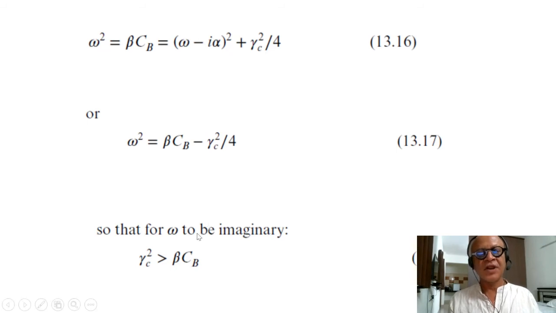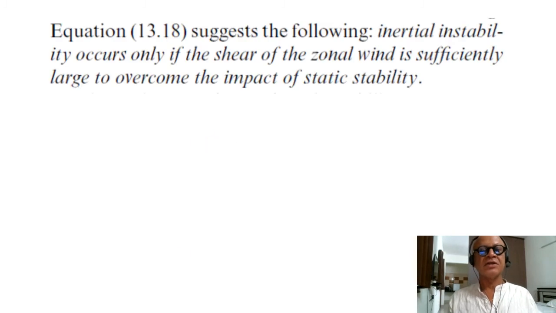So for omega to be imaginary, to get instability, gamma c squared has to be greater than beta cb. Again, I'm skipping a lot of steps and just getting to the point we want to make about the physics, because if you are interested in these sorts of details, you'll have to go through not only the book but the numerous papers, mostly Peter's papers, that are cited, so that you understand the processes.